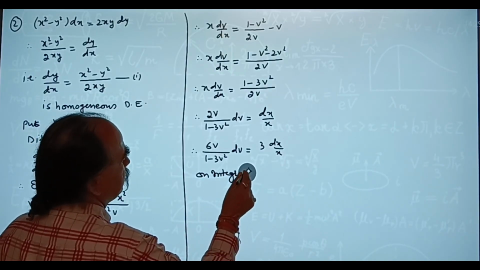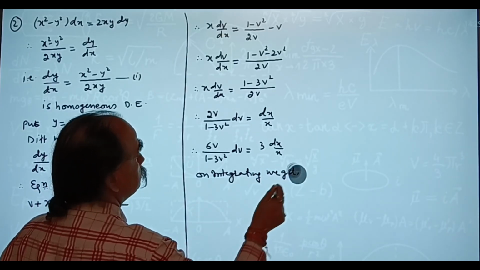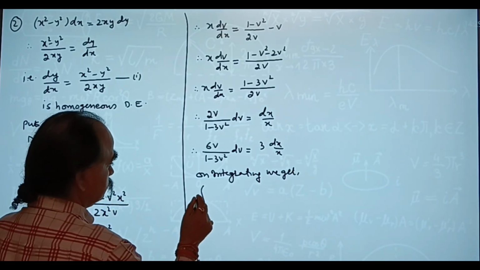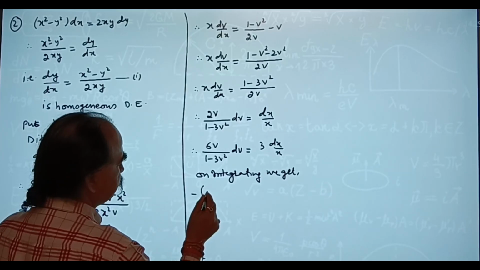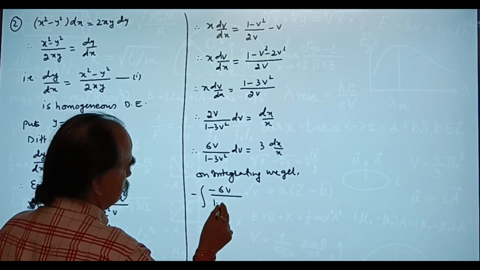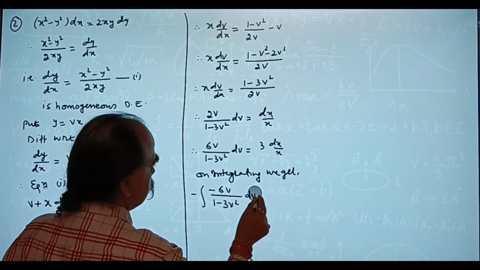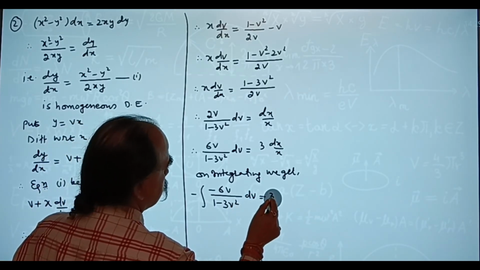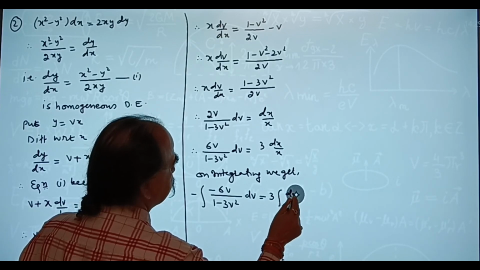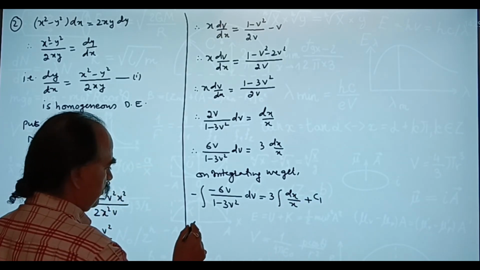On integrating we get, minus integral of 6v upon 1 minus 3v square is equal to 3 integral dx upon x plus c1.